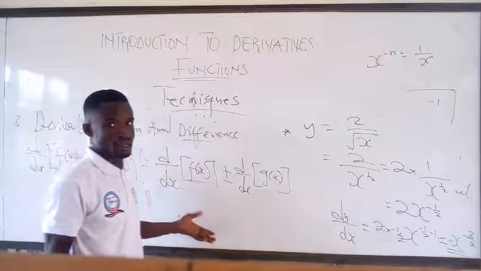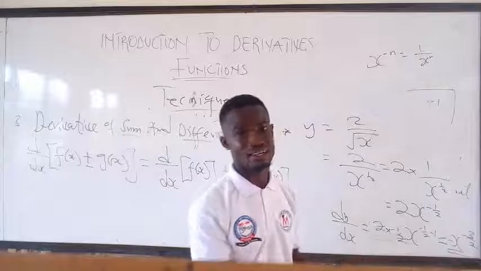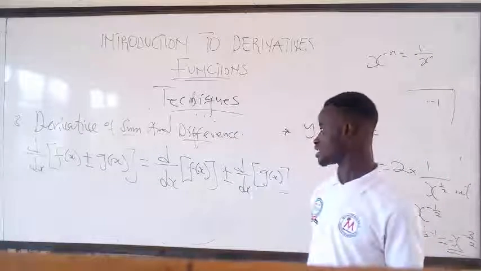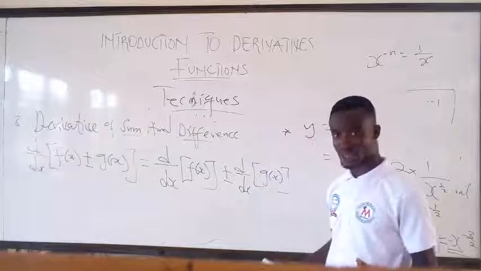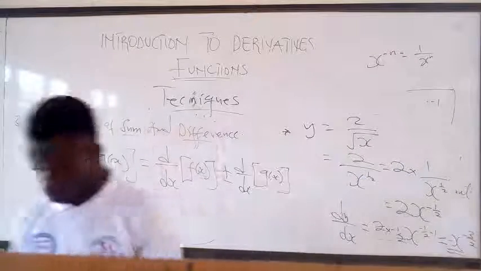You go your way. It is the same way, the power and the exponent, and you go your way. So maybe you are not seeing it well. Let's try some examples and you will get it well.